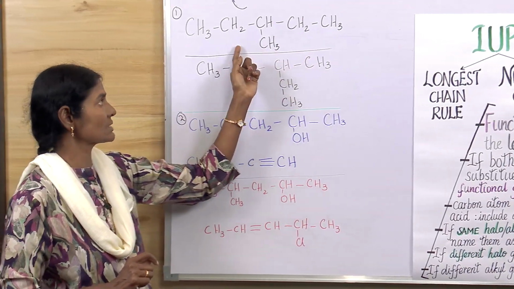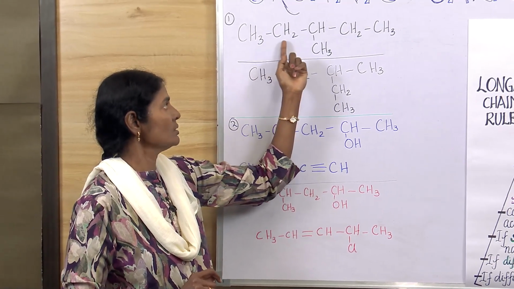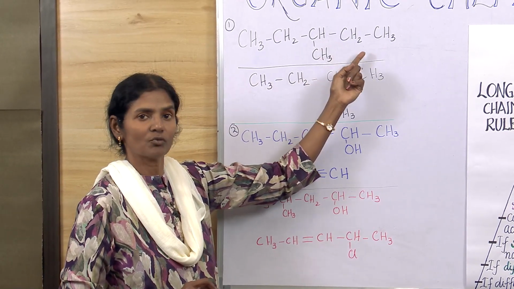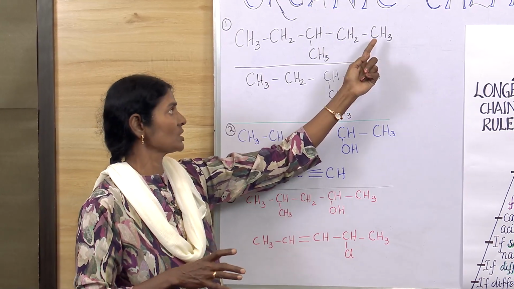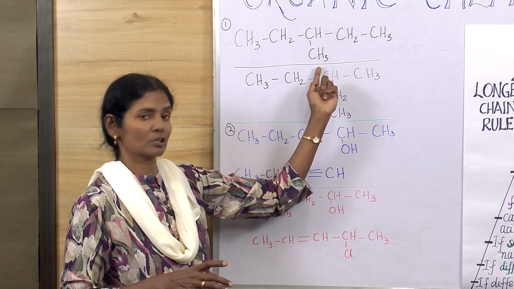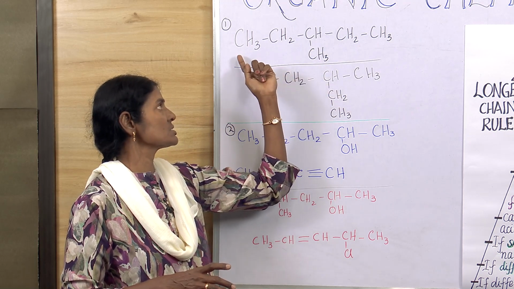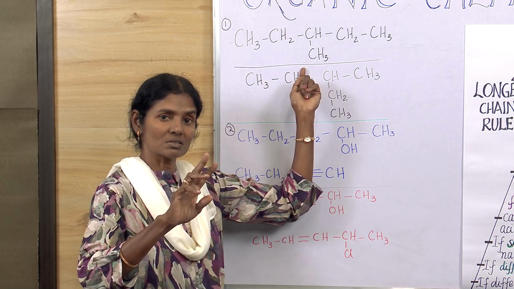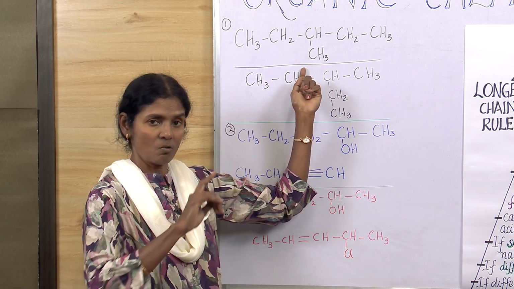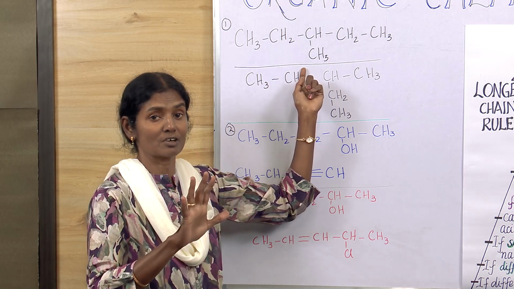Now let's take this example. You have 1, 2, 3, 4, 5 carbon atoms. It could be either way. It could be 1, 2, 3, 4 carbon atoms. From here if we start, 1, 2, 3, 4 carbon atoms. So 2 roots are giving you 4 carbon atoms, and 1 root is giving you 5 carbon atoms.